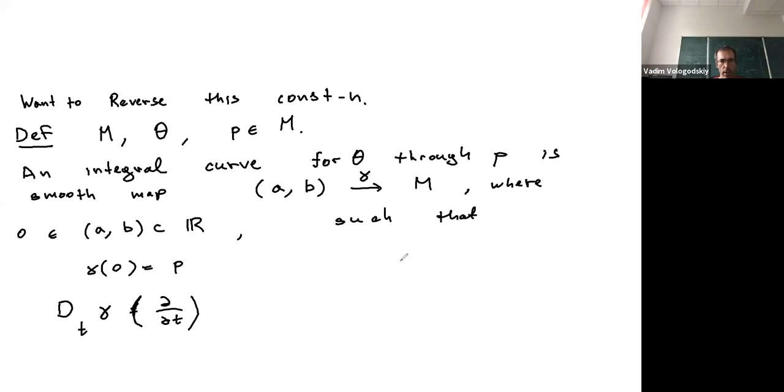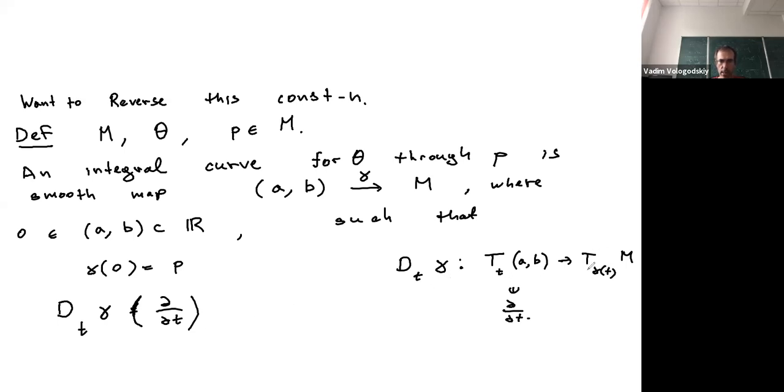So again, d_t gamma, I think of this as a map from the tangent space at point t to AB to the tangent space at point gamma of t to M, and here I have tangent vector d over dt, and I plug it here.